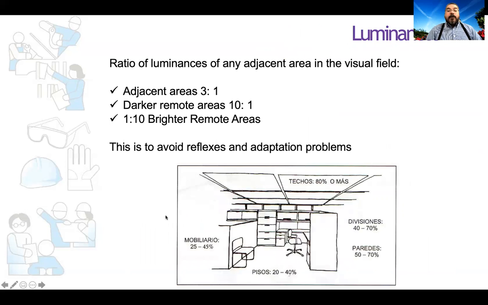In terms of luminance, we must consider the ratio of luminance of any adjacent area in the visual field. And this is to avoid reflexes and adaptation problems. So you are performing your activity in a safe manner, and the reflection of light that comes from the furniture, the ceilings, the floors, doesn't distract you from the activity that you are performing.